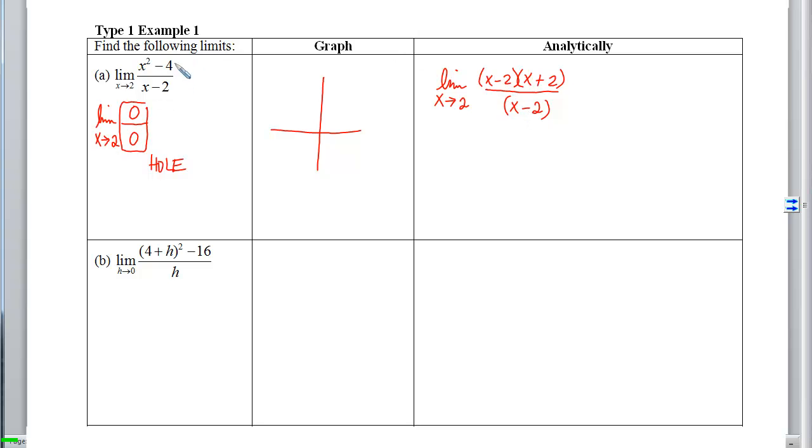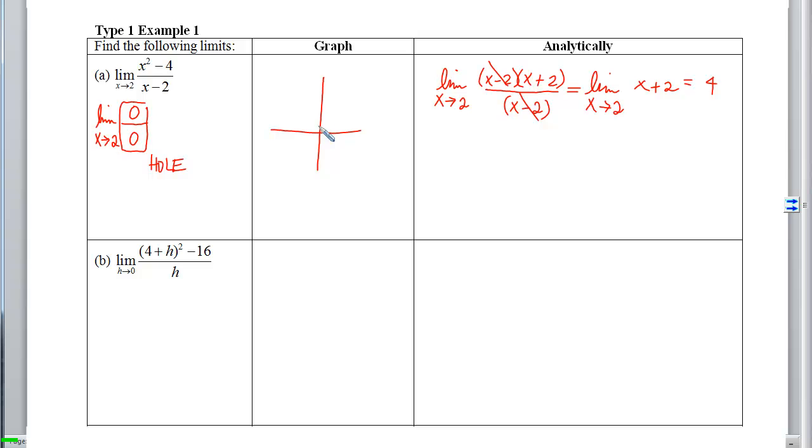So this expression will equal the expression x plus 2 as long as we are not at 2. And since the limit deals with values of x that are close to 2 but not equal to 2, we are able to eliminate the problem that was creating that hole and then compute the limit using direct substitution.